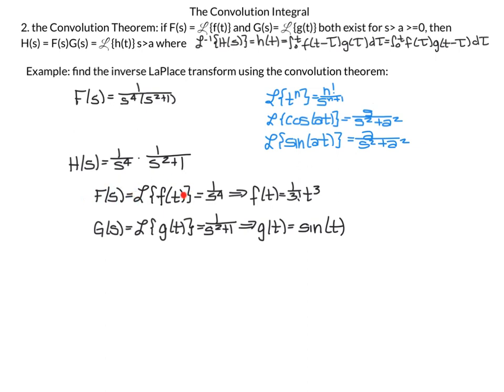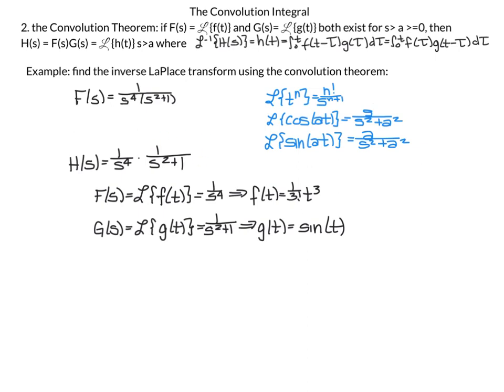I think this is an extra step, but I would encourage you to write this on your solution as well. I'm going to use this formula from my table, and I'm going to say then that f of t is equal to 1 over 3 factorial t to the third. You can take a look at this and compare. I would write out this L of f of t and this f of t.